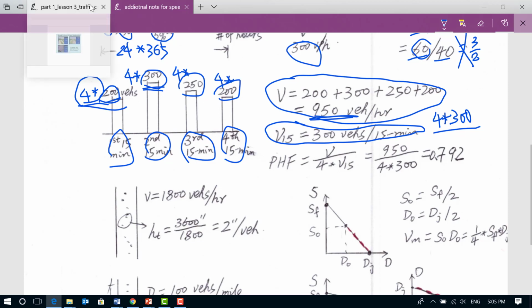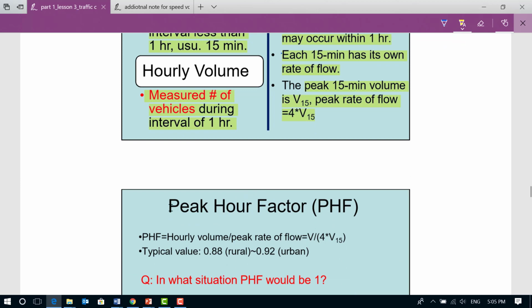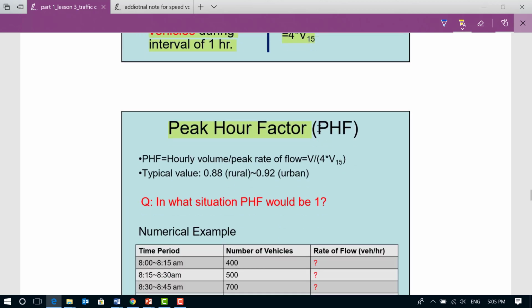Based on the peak rate of flow and hourly volume, we can calculate the peak hour factor, which is called PHF. PHF is defined as hourly volume divided by the peak rate of flow. It is the capital V divided by 4 times V15.